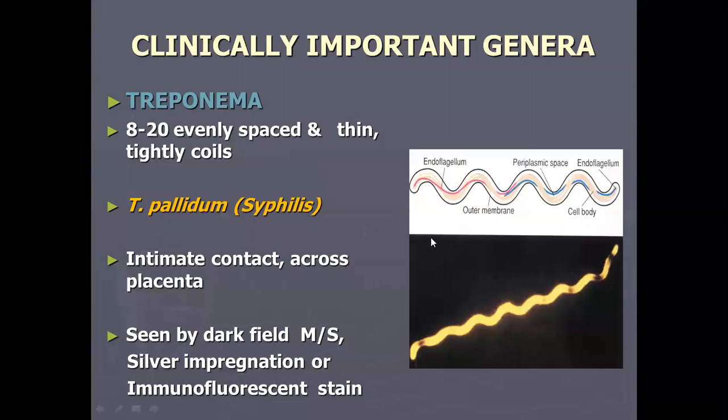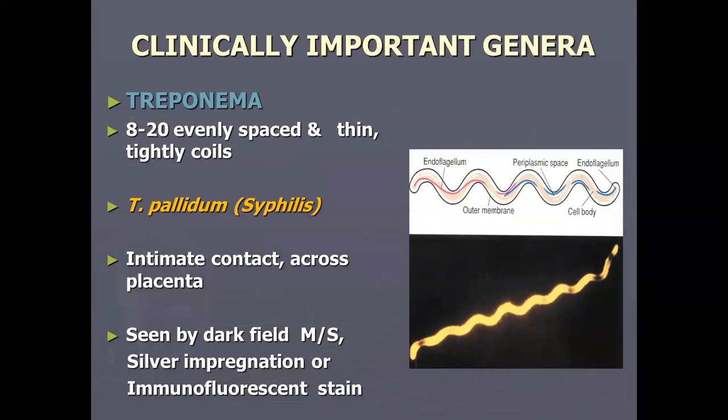All these three genera of spirochetes, the Treponema, the Borrelia, and Leptospira, are differentiated or identified based on the coils that they have. Either they are tightly coiled, loosely coiled, or they have some hooks at the end of the spirochetal cells.